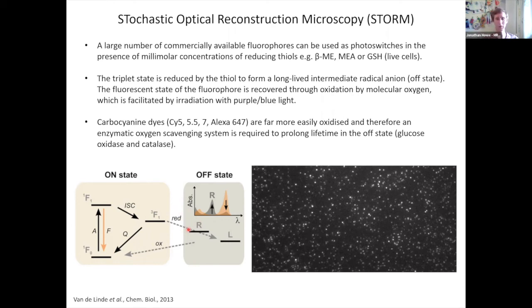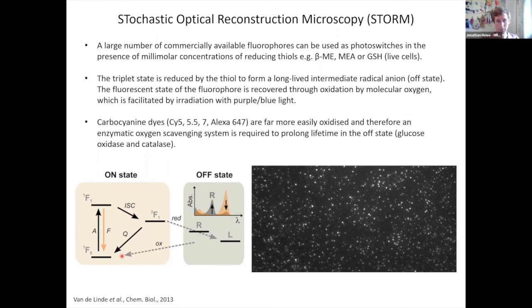So only a few molecules are in the on state in any one frame of the movie. Obviously, it's important to be able to image all the molecules at some point during the movie. And fortunately, it's long-lived, but the molecules will still return to the fluorescent state via this oxidation process, which also happens to be photoinducible with UV light.